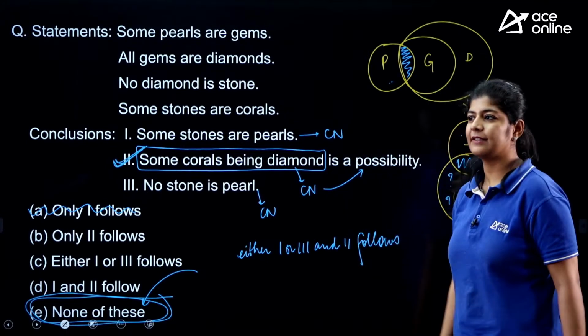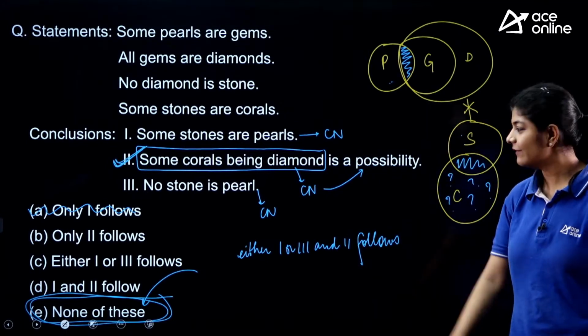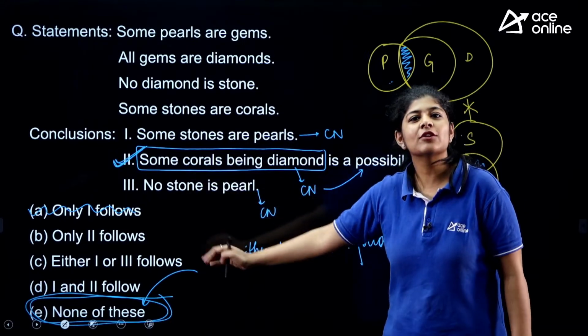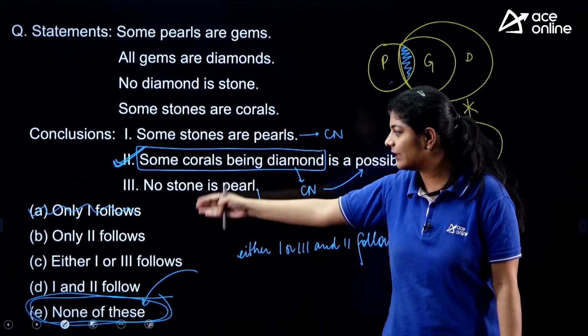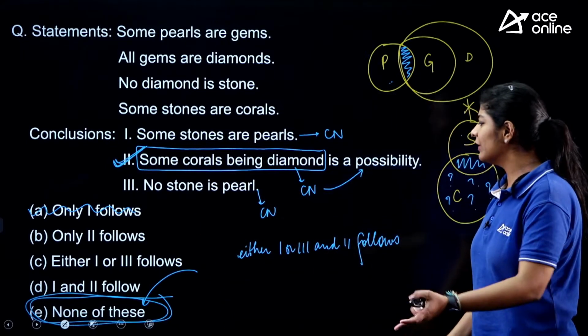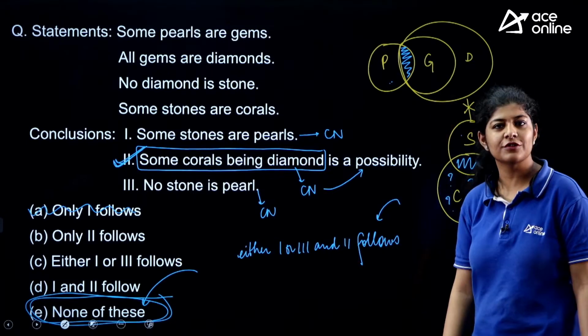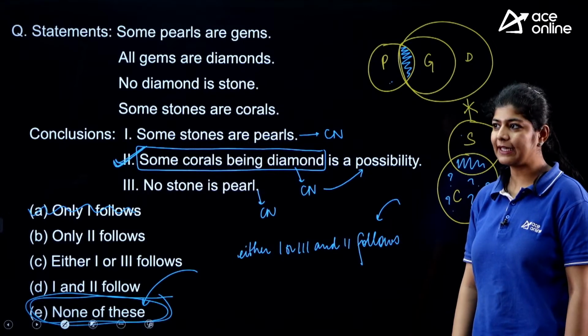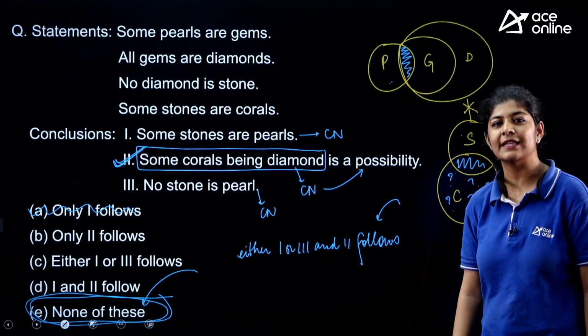So we simply mark none of these because we do not have the correct option in the given options. If we had an option like either first or third and second follows, then we would go with that one. Is it clear? Option number E is the correct answer.